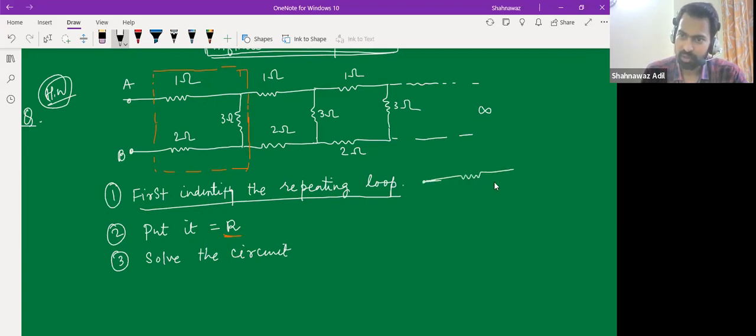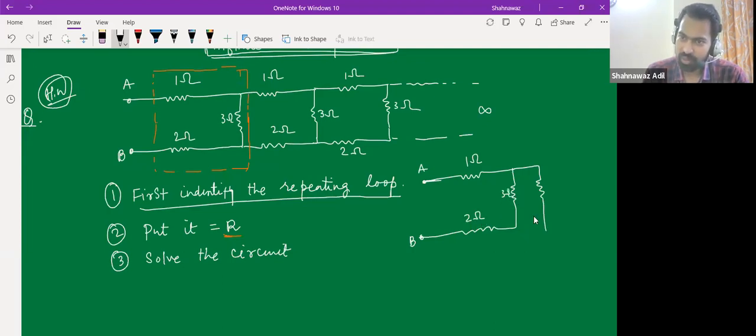Let's say these are the three resistors: this is 1 ohm, this is 3 ohm, and this is 2 ohm.